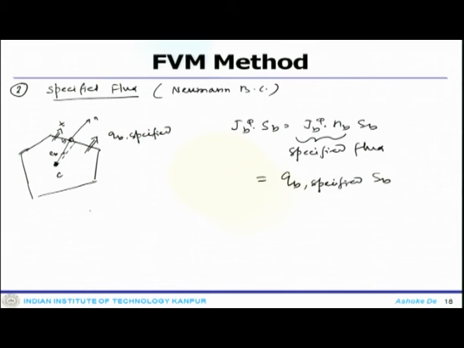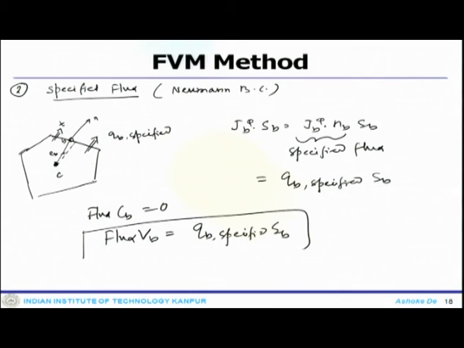Okay. So, my flux CB is 0 and flux VB equals QB specified SB. So, these are the two types of conditions that you can specify at the face.